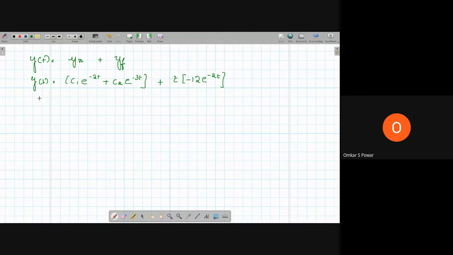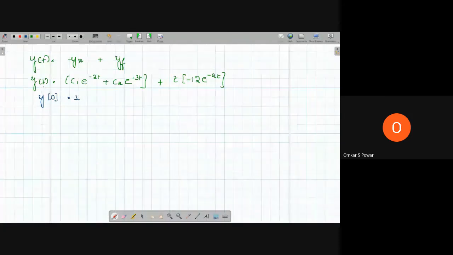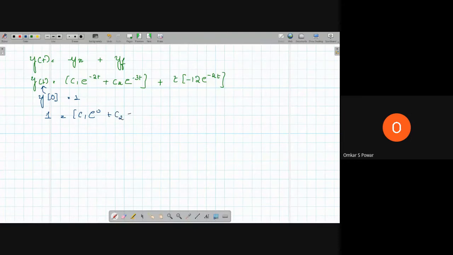The first clue is y of 0 is equal to 1. So how can we solve this one? Just substitute in this equation. So y of 0 is equal to 1 at t equal to 0. So C1 e^(-2 into 0), that is e^0 is 1 only, plus C2 e^(-3 into... sorry, I have made a mistake here, I guess.